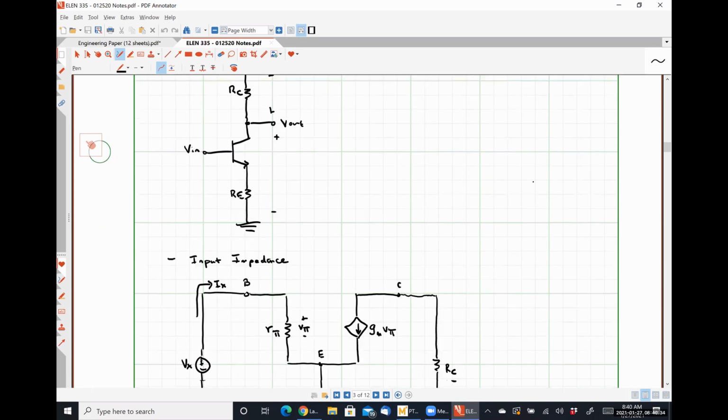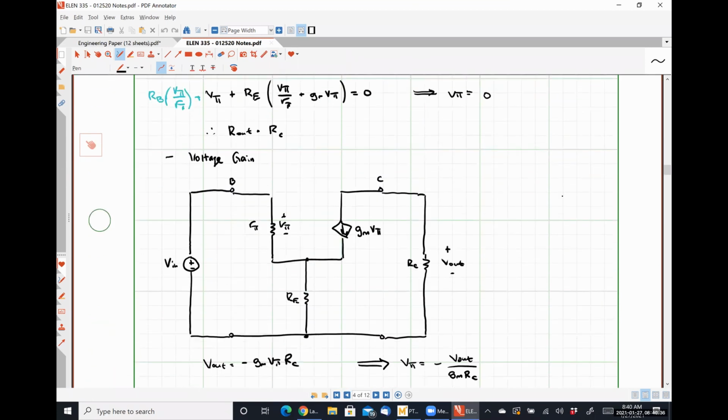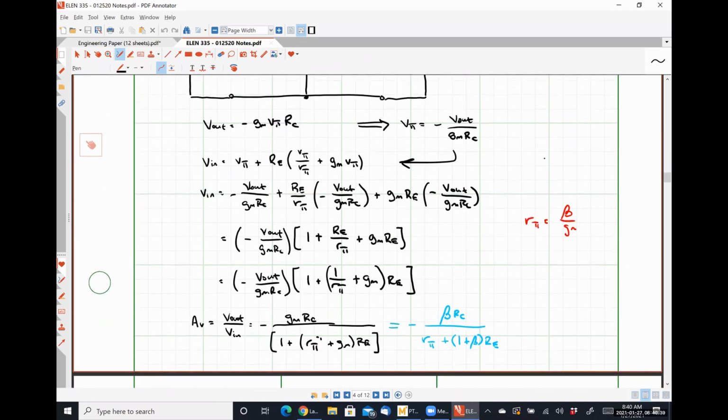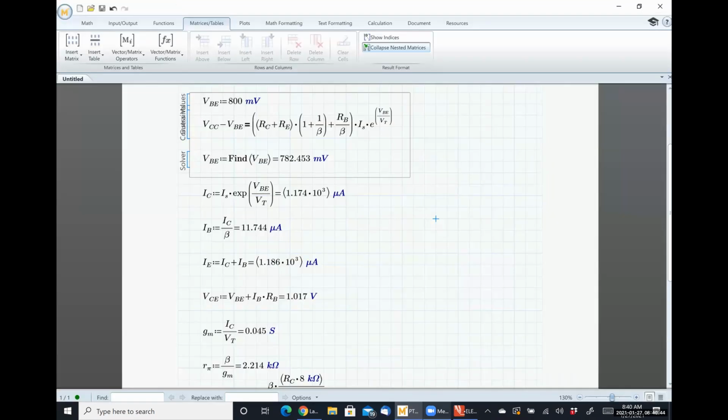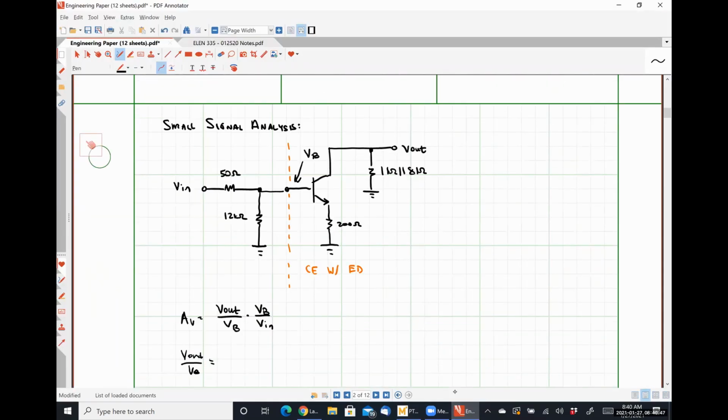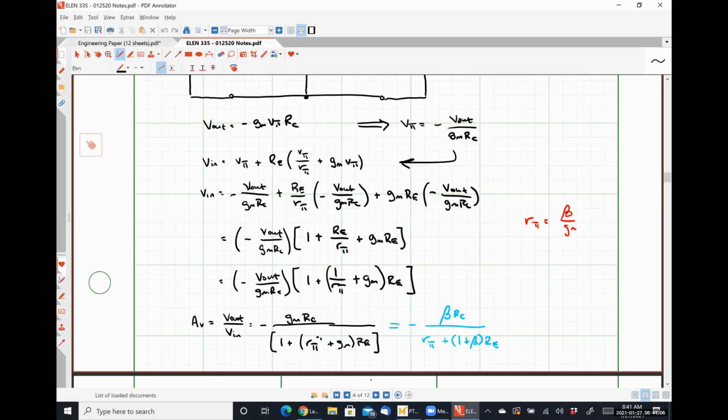So if I look at my voltage gain equation for this, it's negative beta RC. So everywhere I see RC, I'm going to replace that with RC in parallel with that 8 kilo ohm resistor. And then I divide this by R pi plus 1 plus beta times RE.